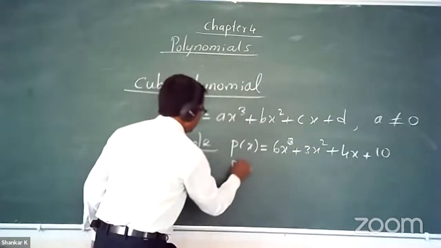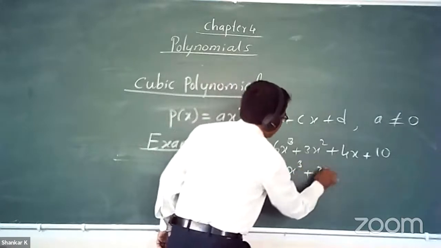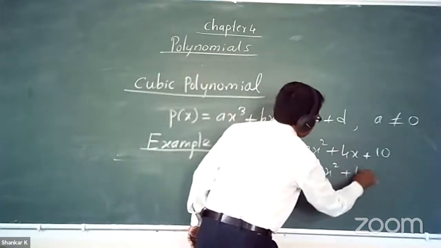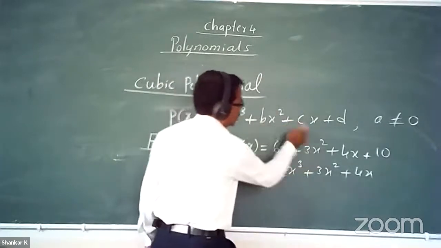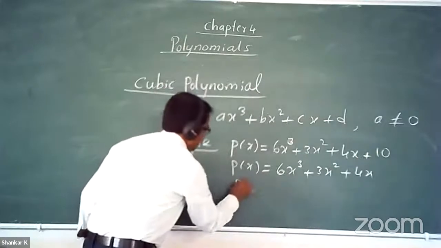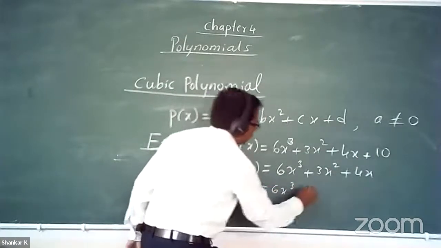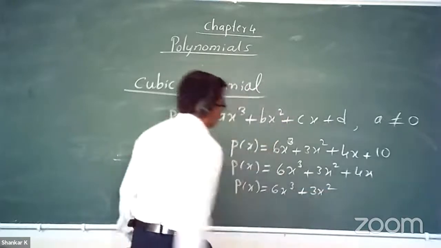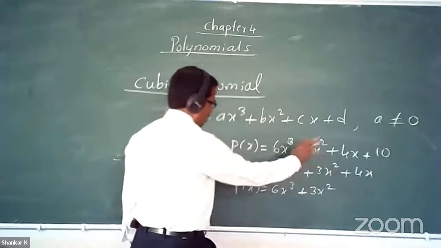One more example. 6x cube plus 3x square plus 4x. A is 6, b is 3, c is 4, d is not there, so 0. P of x equal to 6x cube plus 3x square. A is 6, b is 3. This is also cubic.